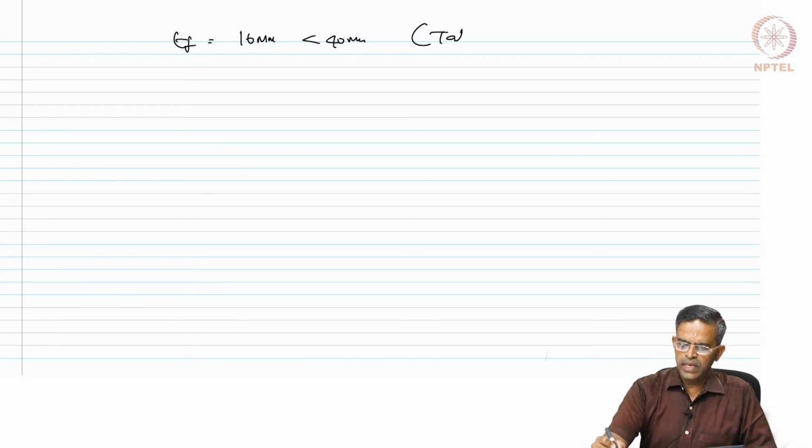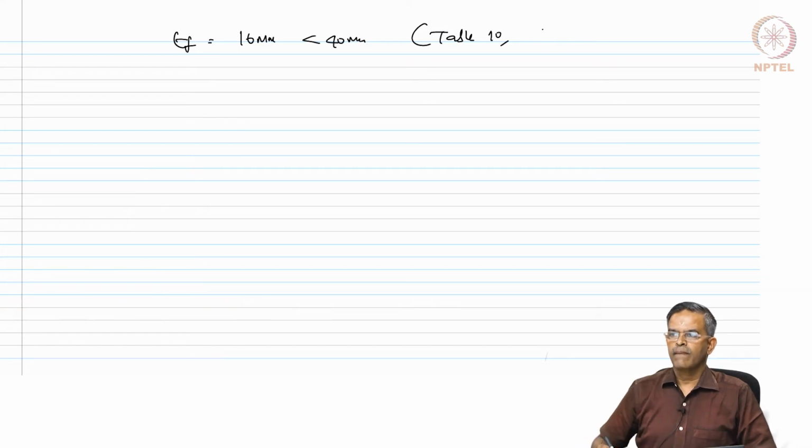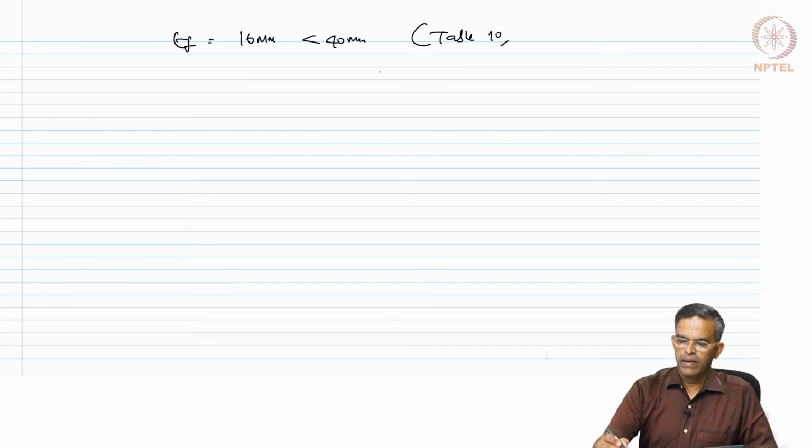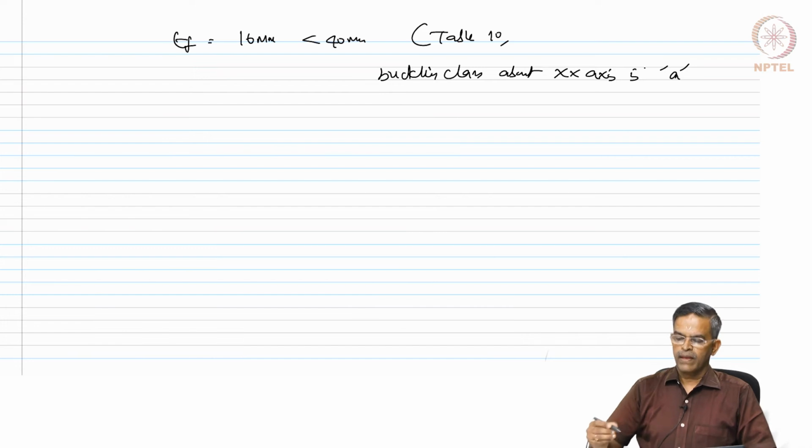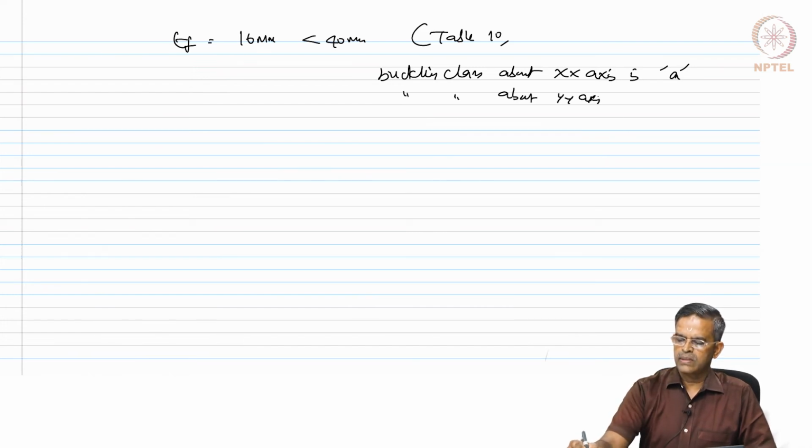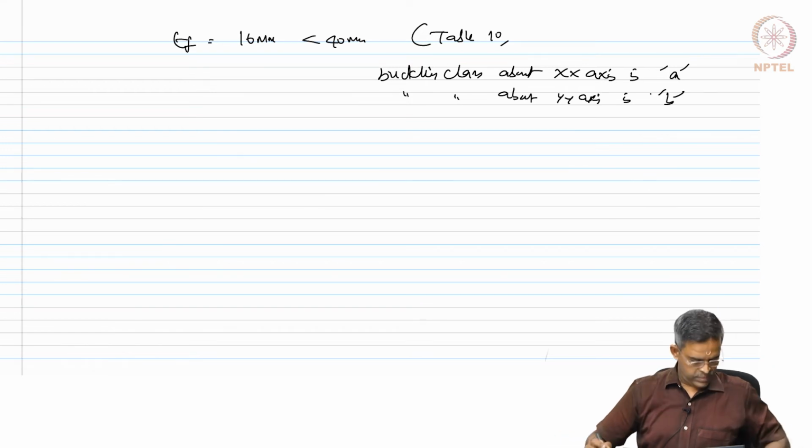So, from table 10 of the code, buckling class about x axis is A and buckling class about y axis is B.